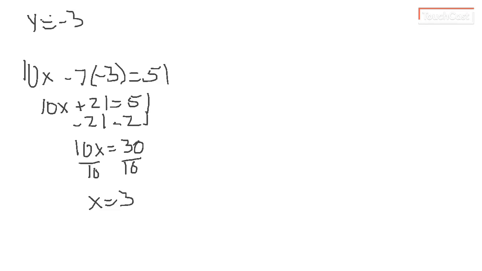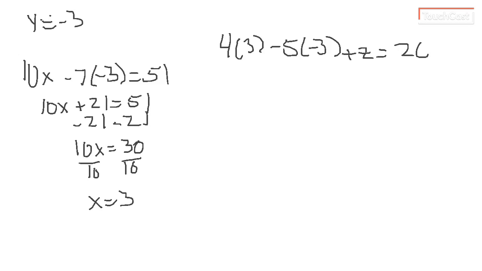So now I'm going to take the y and the x, and I'm going to just go with the first equation. 4 times 3 minus 5 times negative 3 plus z equals 20. Well, 4 times 3 is 12.